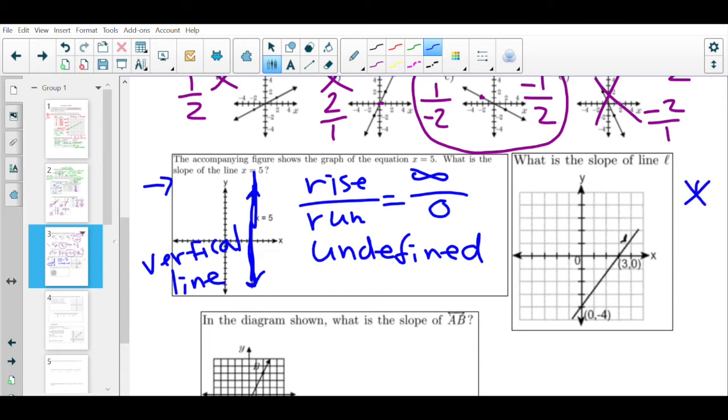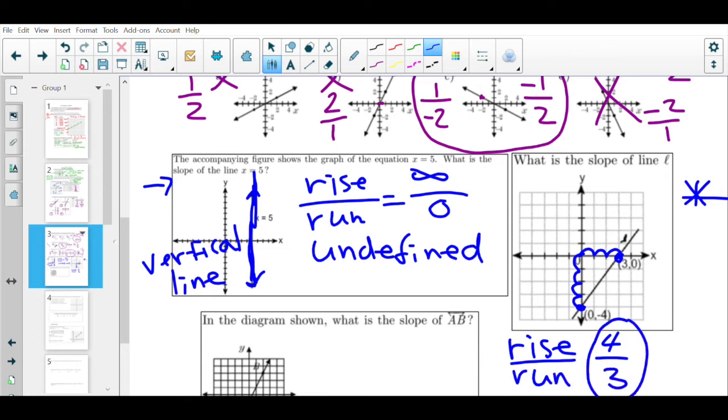This one over here, let's do this one. What is the slope of line L? Let's start over here, and let's end over here. Let's count our rise over run. Rise, 1, 2, 3, 4 in the positive direction, so that's 4 over the run, 1, 2, 3 in the positive direction. So your slope is 4/3.